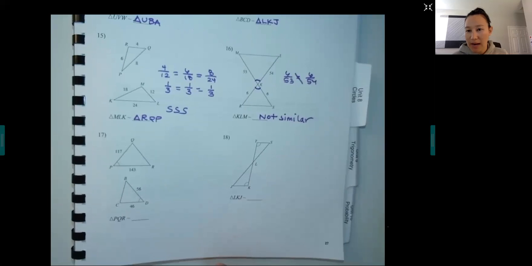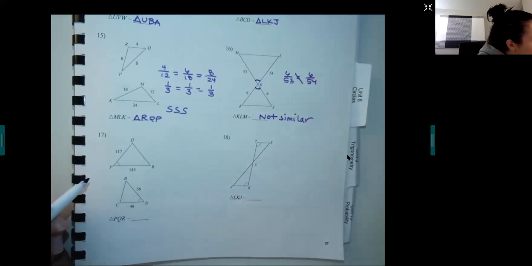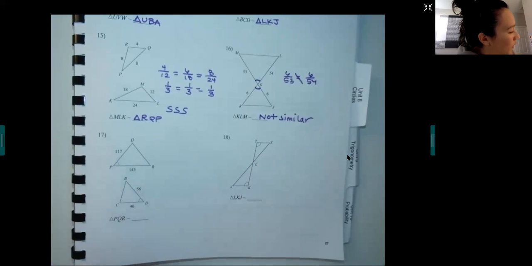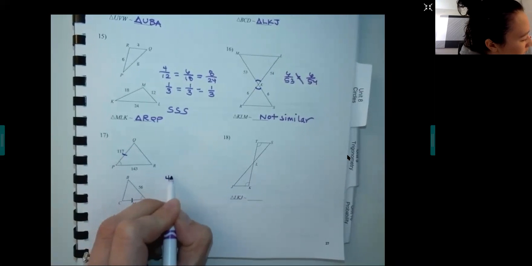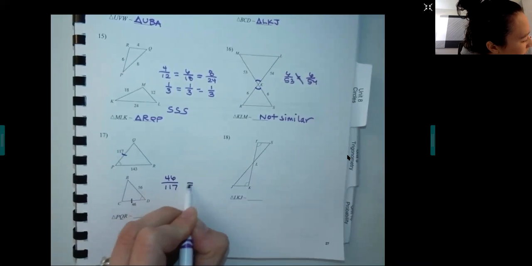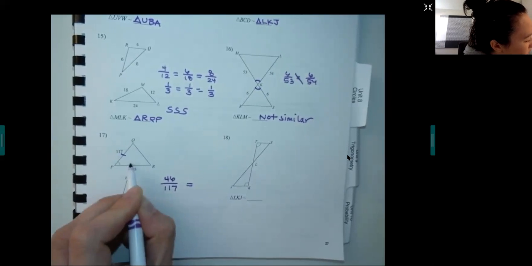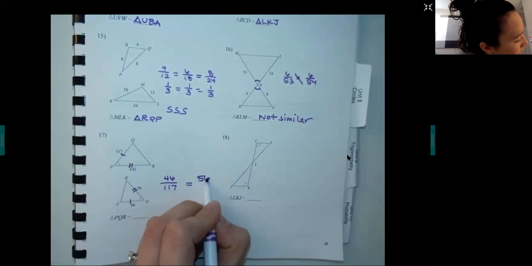And then I think Jasmine had to go. She's the one that has an 11 o'clock. So for number 17, we have the angle and then we have the 2 sides. Let's figure out if they are proportional. We have 46 and 117. Is that proportional to 56 and 143?